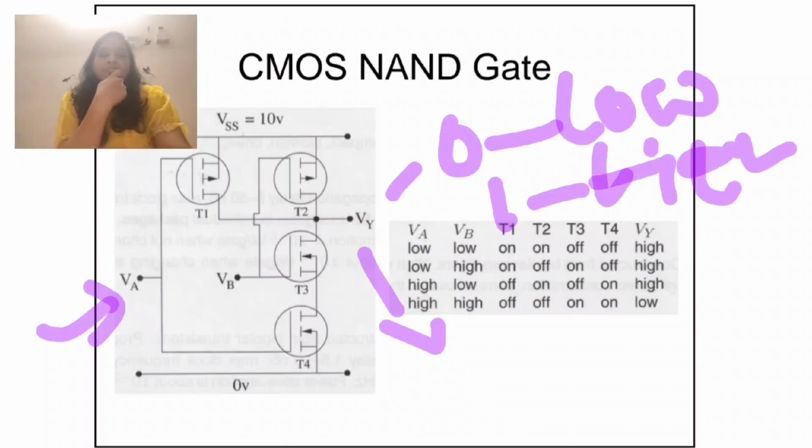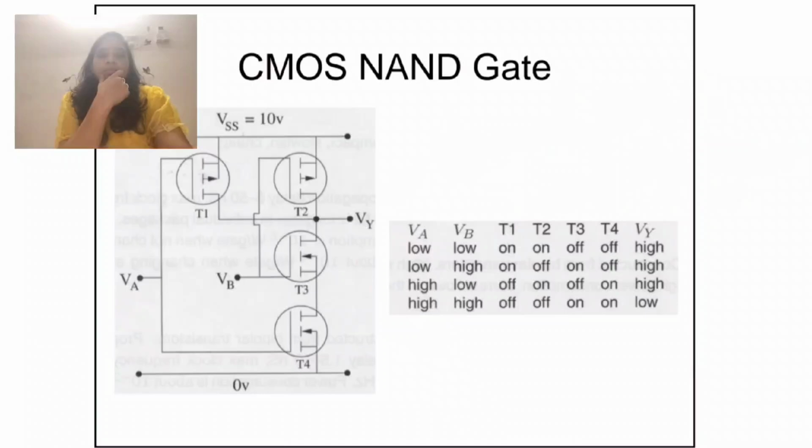For example, my first value is low. Low means 0. For voltage A the value is 0 and voltage B the value is 0. Both are 0.